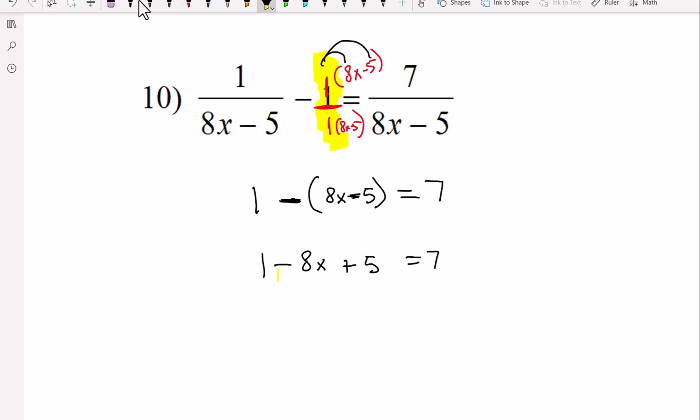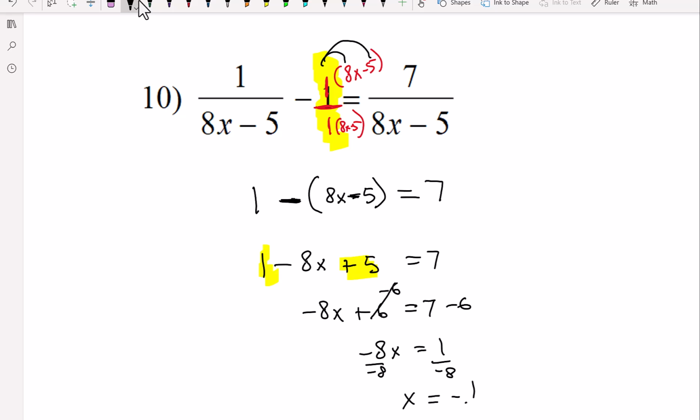And then these two things can be added together. So now we have negative 8x plus 6 is equal to 7. I'm going to subtract 6 on both sides. Negative 8x is equal to 1. Then when we divide both sides by negative 8, x is equal to negative 1 over 8.